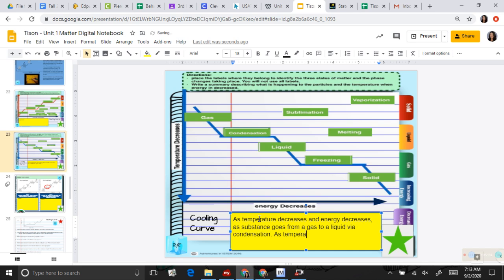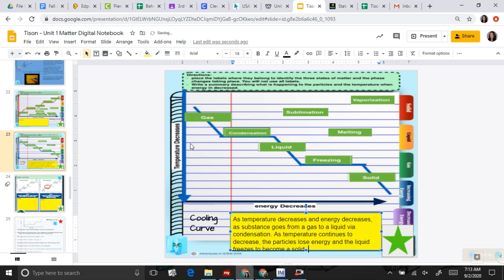As temperature continues to decrease, the particles lose energy and the liquid freezes to become a solid.